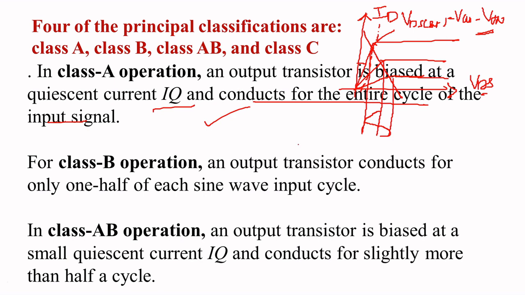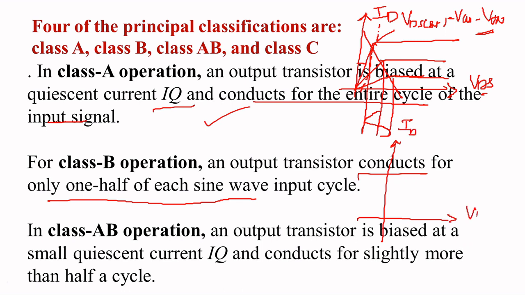When you go for a class B amplifier, the output transistor will conduct only one half of each sine wave input signal. That means when you draw your response, that is the output characteristics VDS, I will be fixing your quiescent point in the cutoff region. So that means you will be getting only one half of your signal.